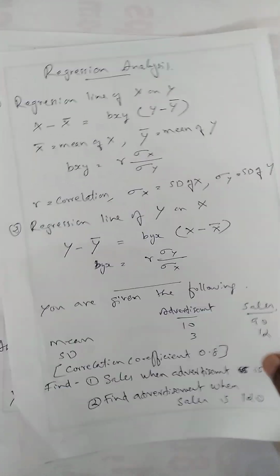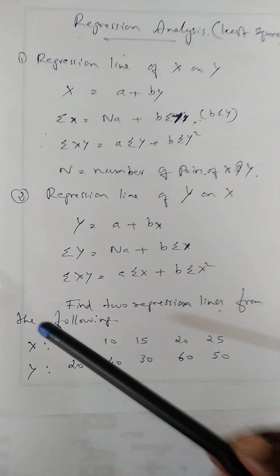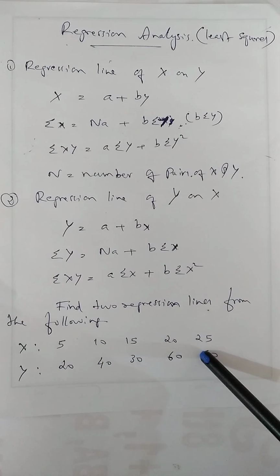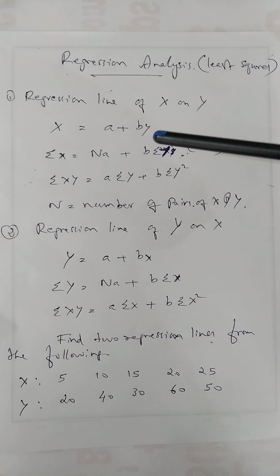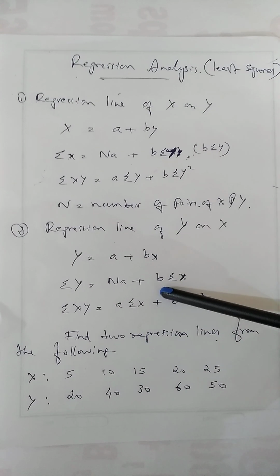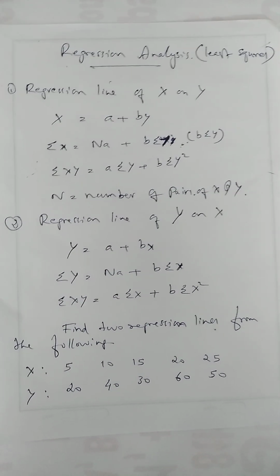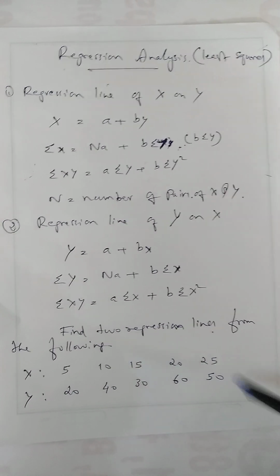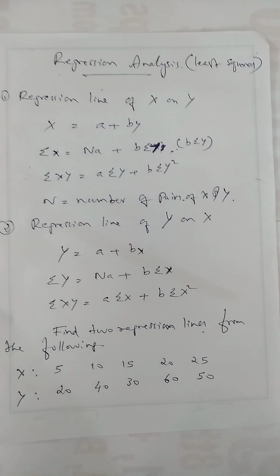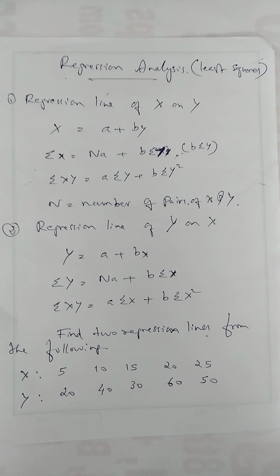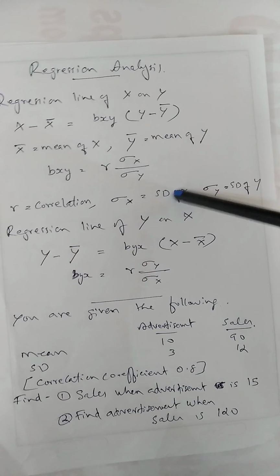And if x and y variables are given to you, then you can definitely use the first formula. Instead of that, if standard deviation, mean and correlation are given in the question, then you have to use the second formula.